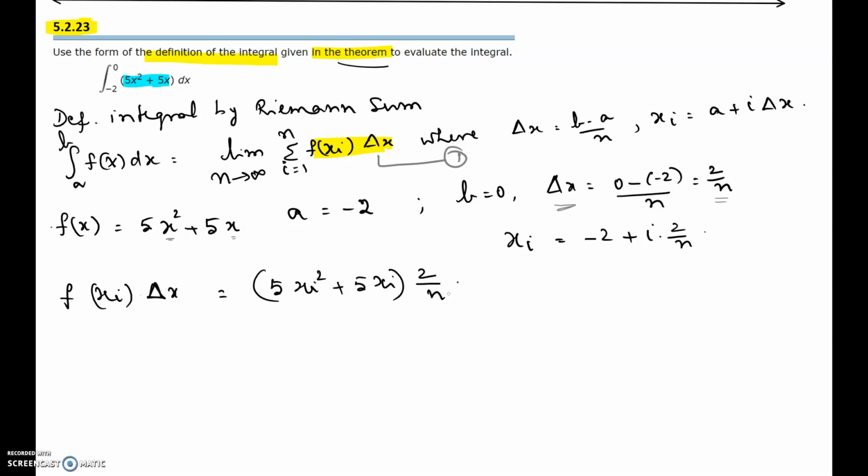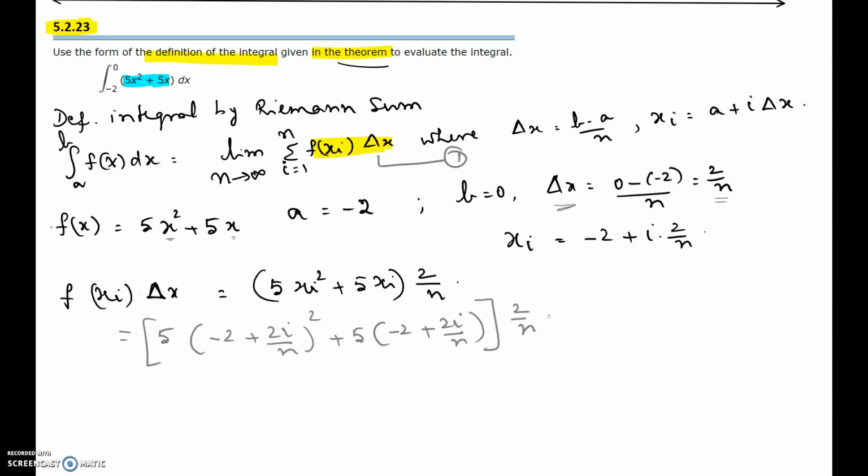Now we also know what x_i is, so it is 5 times (negative 2 plus 2i over n) squared, plus 5 times (negative 2 plus 2i over n), the whole thing multiplied by 2 over n.